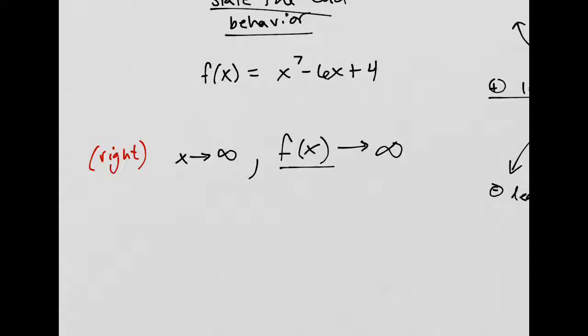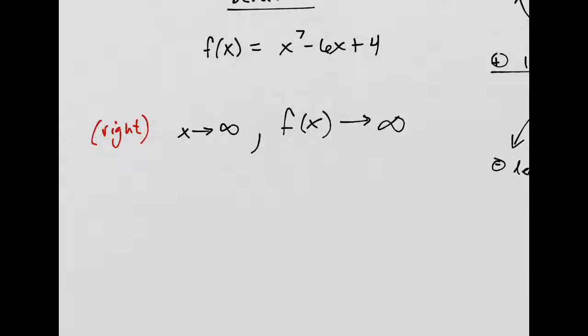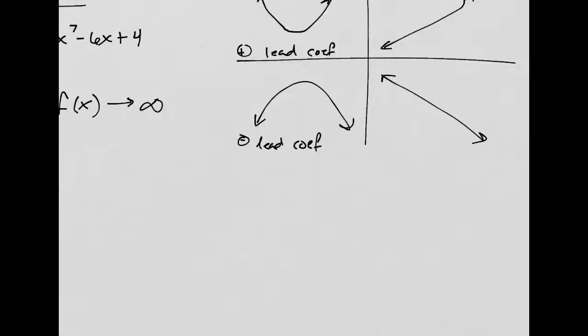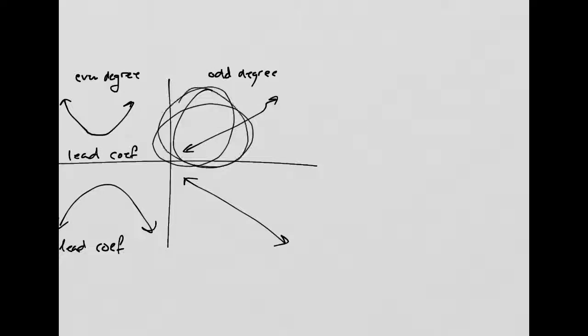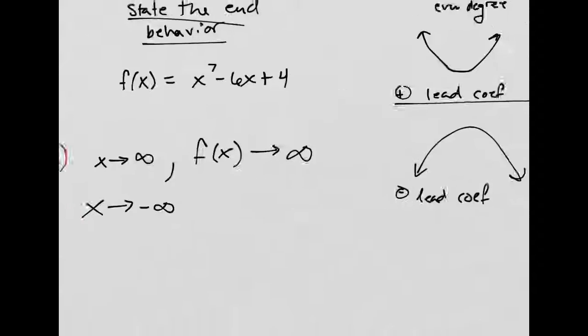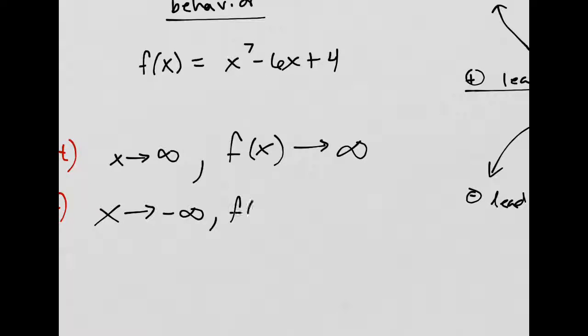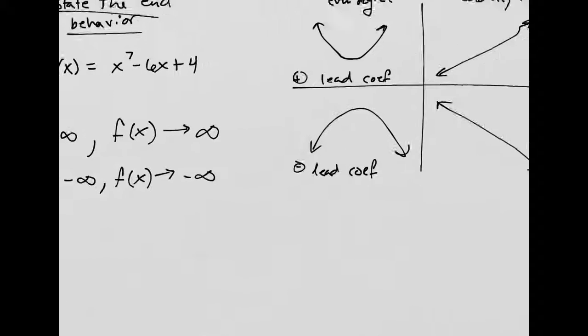If I say f of x approaches infinity, that means up. If I say x approaches infinity, that means to the right. And then you guessed it, on the left side, if I have x approaching negative infinity, that refers to the left side of my graph. Well, that's going downwards, so f of x will approach negative infinity, and that means downwards.